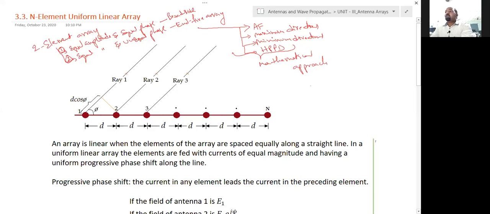So now, if the array contains more than two elements, that is a 4 element, 8 element, 16 element array, and so on, how to draw the radiation pattern using mathematical equations?